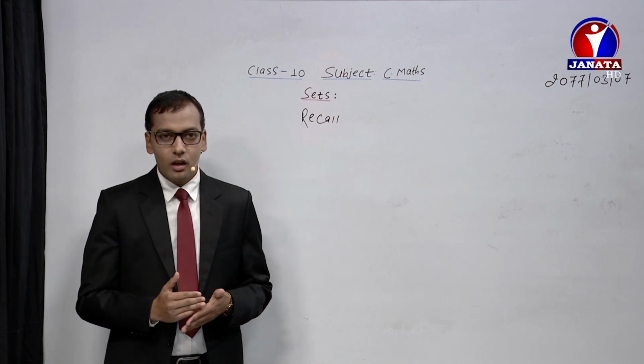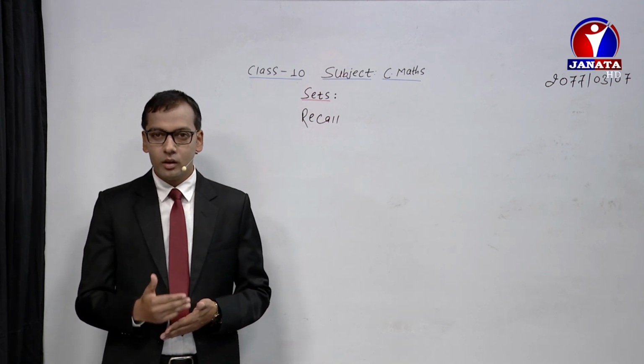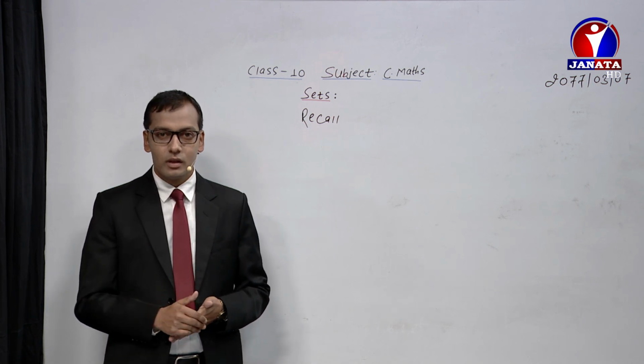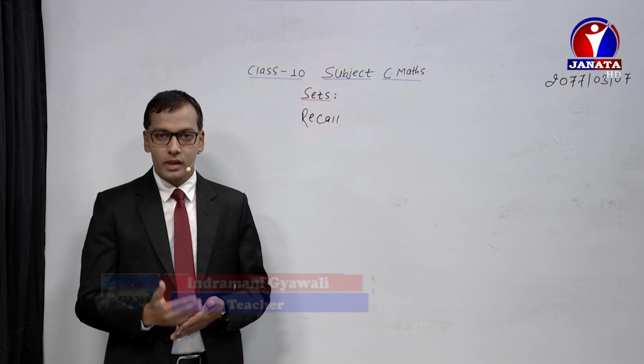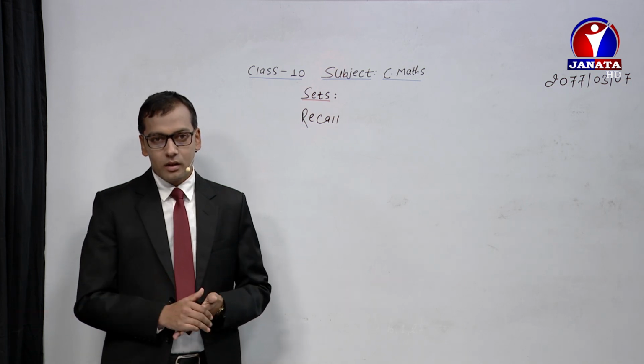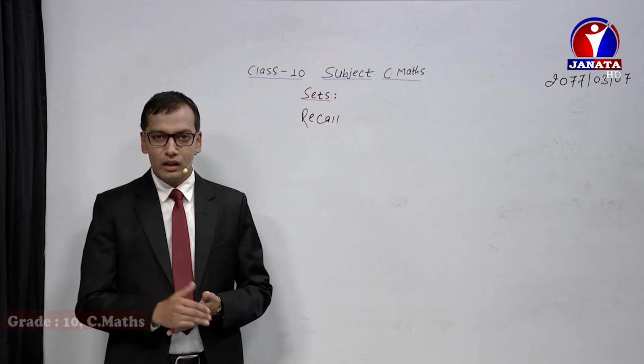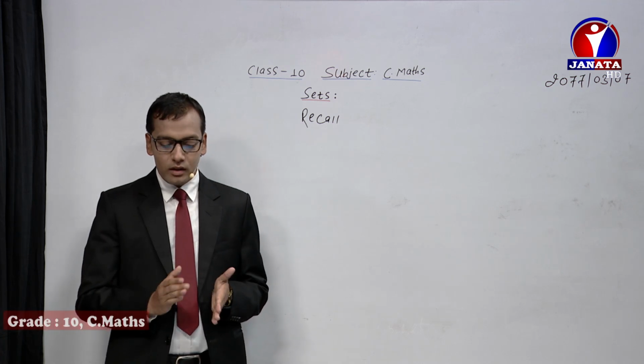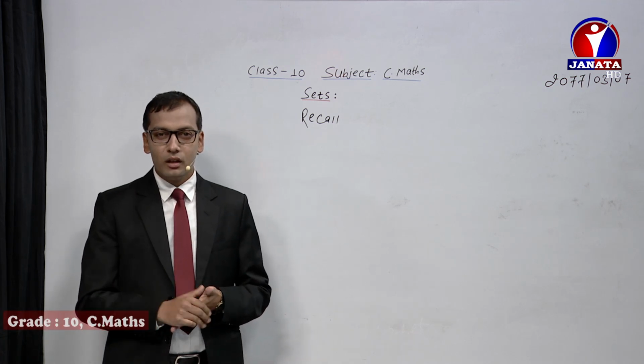Under set operations, there are four different types: union of sets, intersection of sets, difference of sets, and complement of set. I discussed a bit about that, and I hope I did not discuss what is the cardinal number of a set.